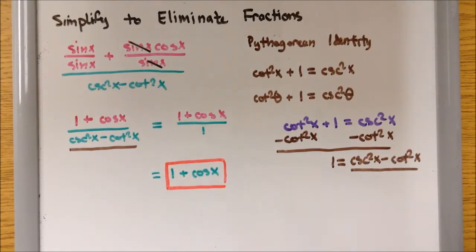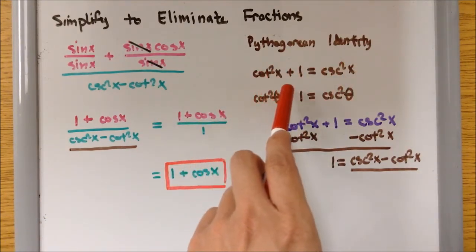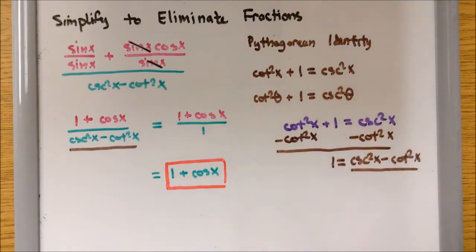And to review, I applied the concept of what we did in the previous section, rewrite using sine and cosine. So I wrote some of them, especially the numerator, in terms of sine and cosine to simplify. And then I also applied the reciprocal and the quotient identities while simplifying. And then near the end, I applied the Pythagorean identity for cotangent square x plus 1 equals cosecant square x.